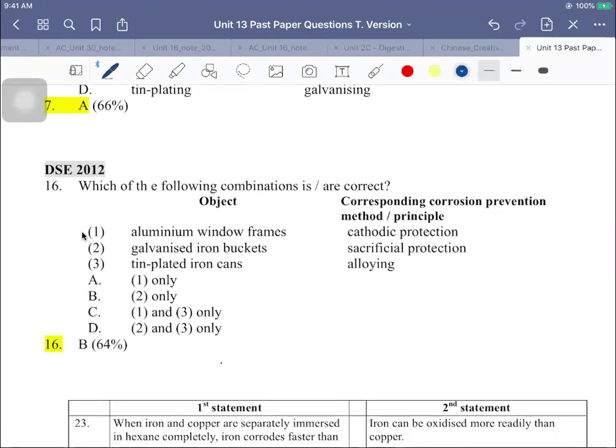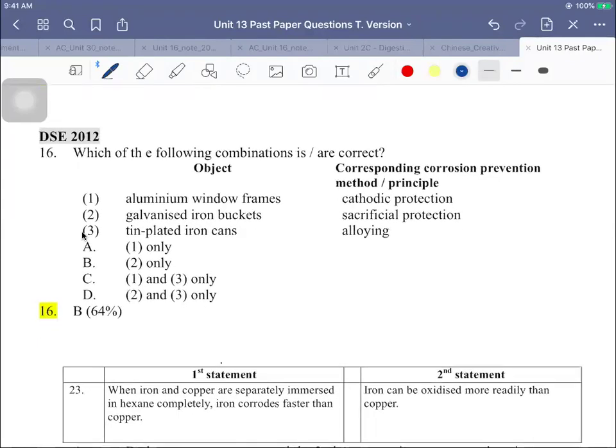Yes. So it puts some of the zinc metal bricks onto the bucket, and then it will lose electrons because it's more reactive, so sacrificial protection. The last one, tin-plated iron cans, is not an alloy, it's surface protection. So the correct answer should be B for this one.